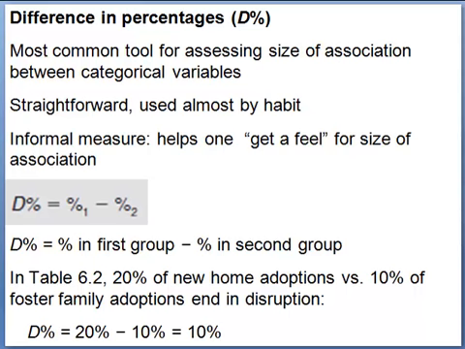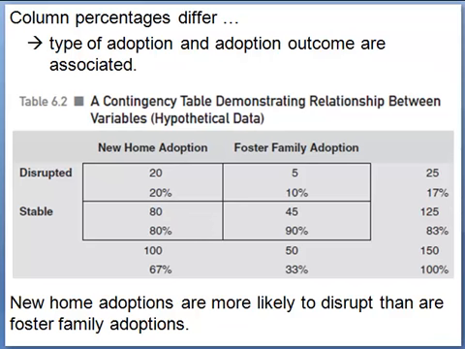So here our difference in percentages computes to 20 minus 10, that is 10%. Well, here's a look at Table 6.2, and we were doing our calculation of difference in percentages using the top row. There's our 20% minus 10%.